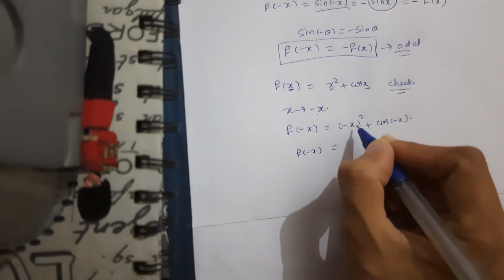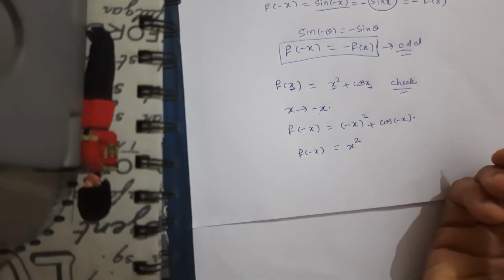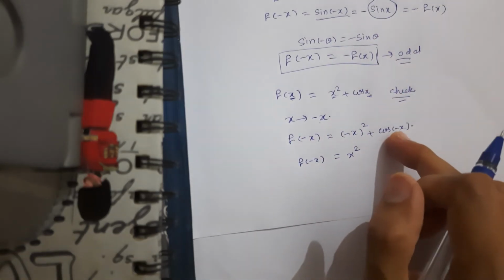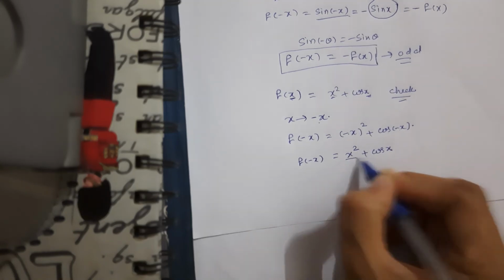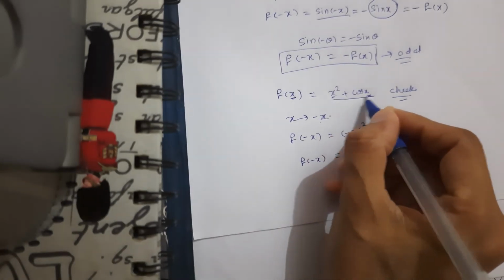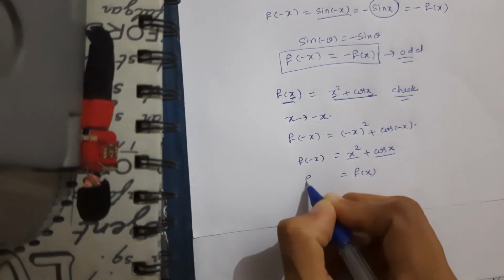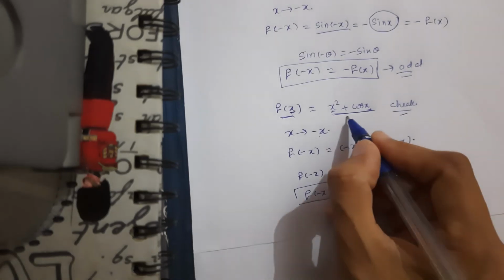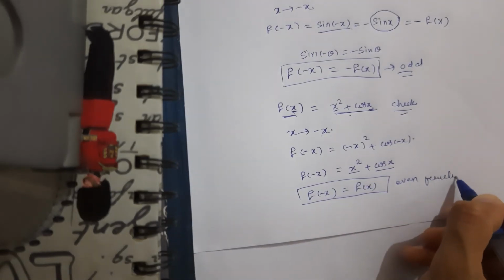Minus x square is x square, since the square of any term is positive, and cos of minus theta is again cos theta, so plus cos x. Now x square plus cos x is my f of x. So I get the condition f of minus x equals f of x. Therefore this given function is an even function.